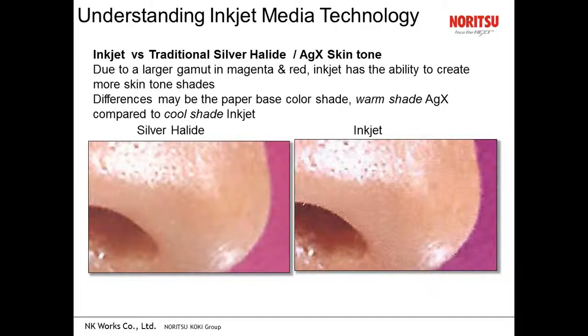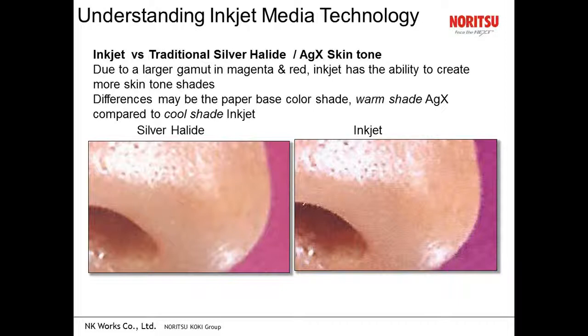One of the things that I think people object to in inkjet technology and skin tone versus silver halide is that the skin tone on inkjet is more accurately replicated, based on the information on the file, due to the fact that inkjet is sharper than silver halide.